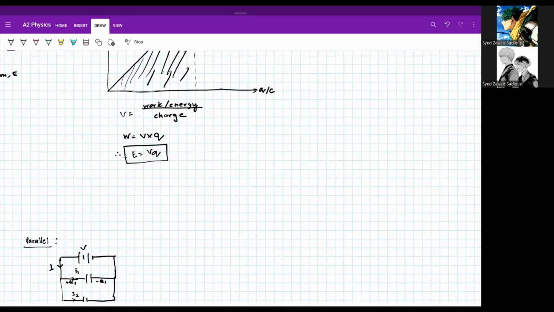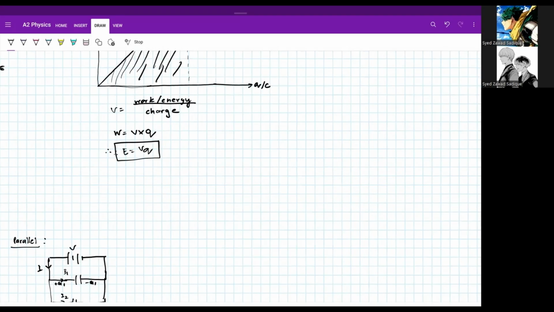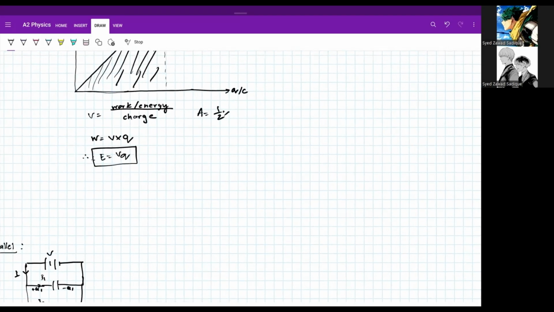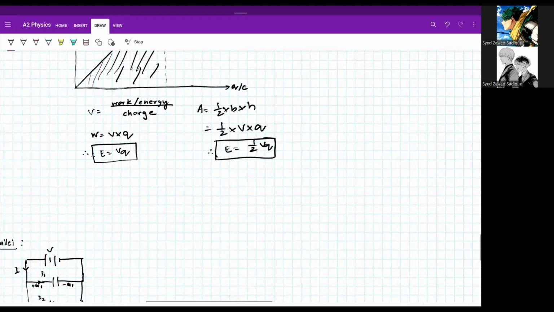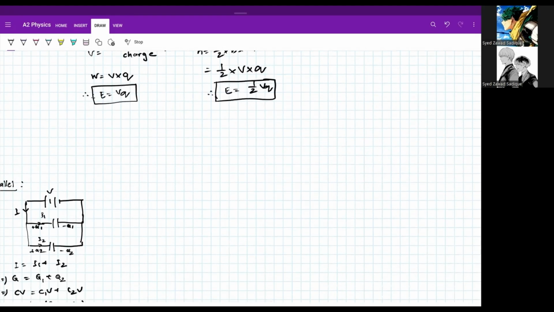There are a few more ways to do this. For example, there are a few more formulas for the area. We know area is equal to half times base times height. So we write half times V times Q. Therefore, E is equal to half VQ. Another formula for finding energy: we know E is equal to half VQ, and we know Q is equal to VC.